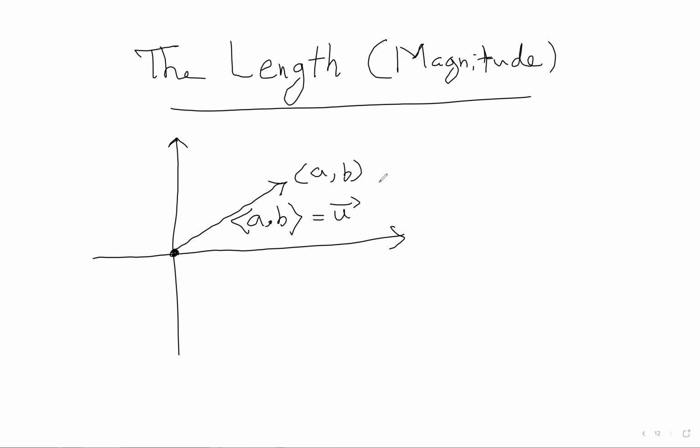And you know that the length of that line segment, which connects the origin and the point (a, b), using the Pythagorean theorem, is going to be the square root of a squared plus b squared.